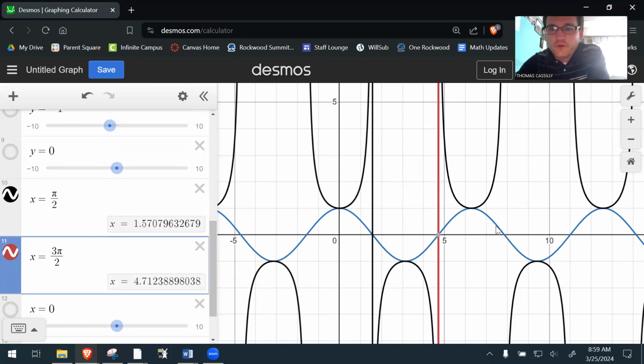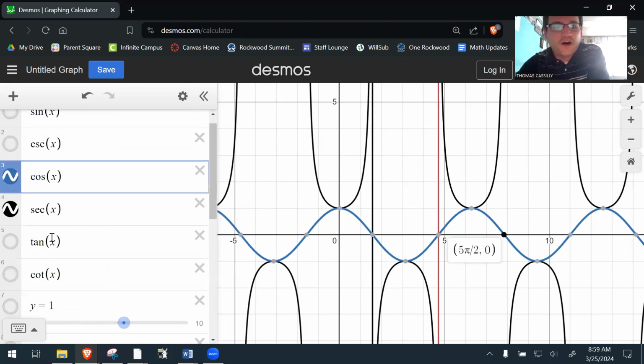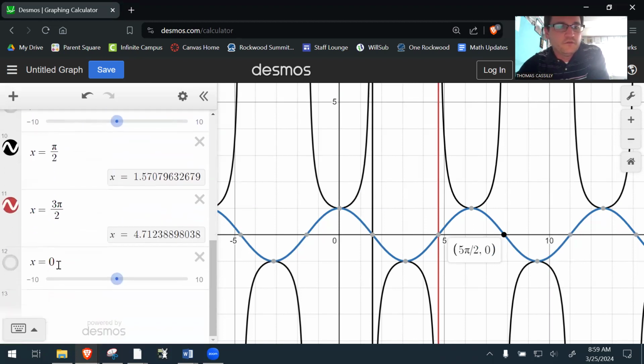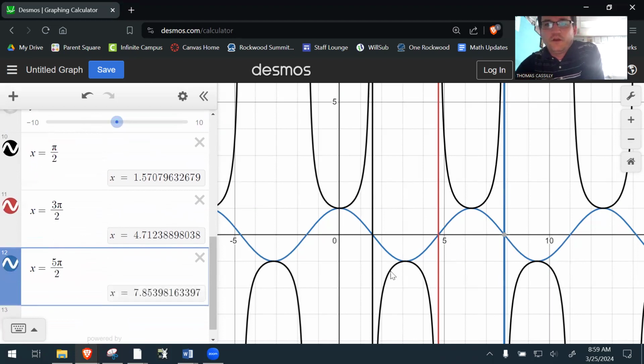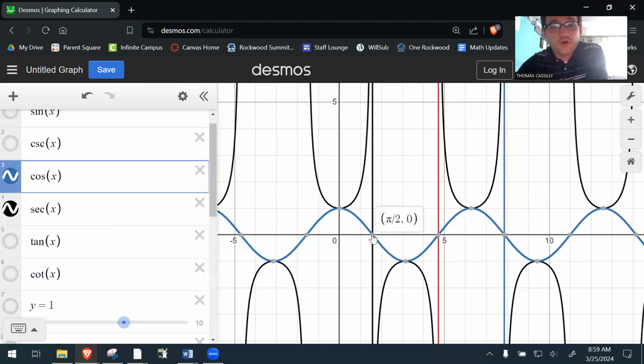All right, and then if we wanted another one, there's going to be one here at 5 pi over 2. So graph your cosine function, get those vertical asymptotes, and remember the vertical asymptotes are always where cosine is going to cross 0. And then just make those U shapes. The cosine and the secant function, those U shapes, they intersect at the bottoms and the tops, right?